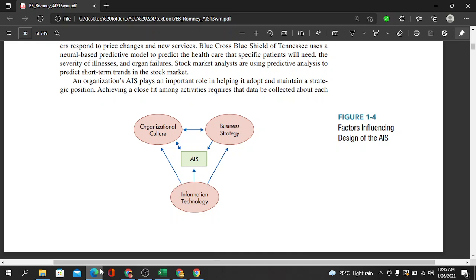The nature of the business, kung manufacturing company, meron silang production cycle po. So sa pag-design sa AIS, kasama po siya production cycle po. So if service company naman, wala siya production cycle. So it really depends po sa form or sa nature and sa business activities po, so it really influence sa pag-design sa AIS. Okay, yes.